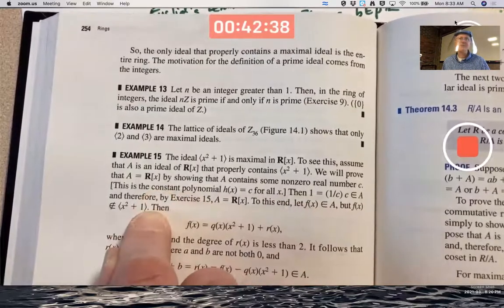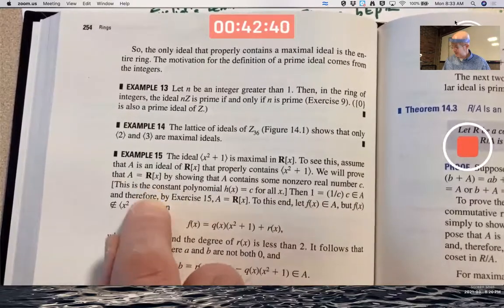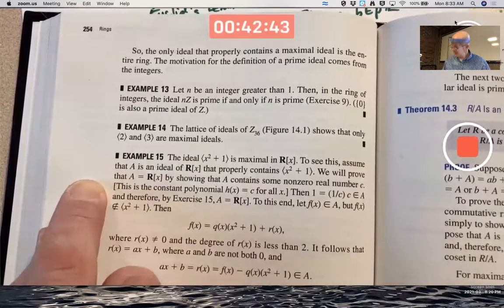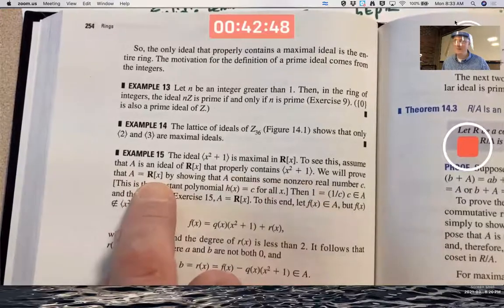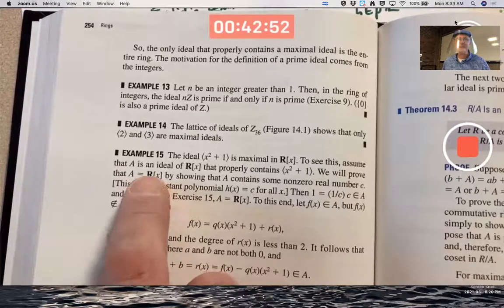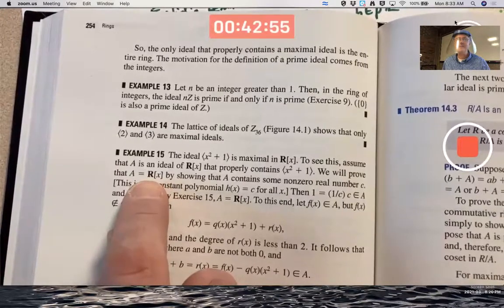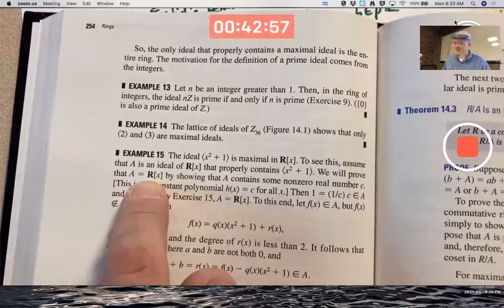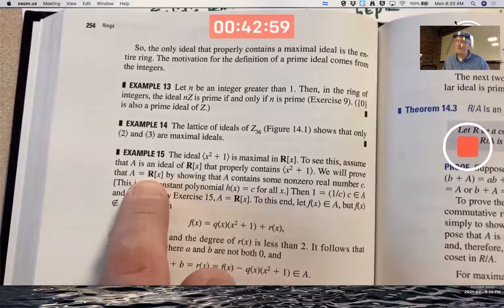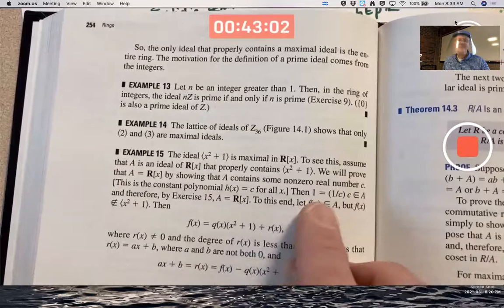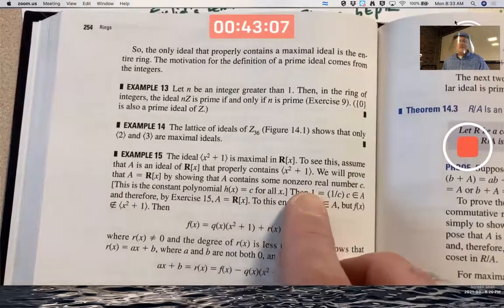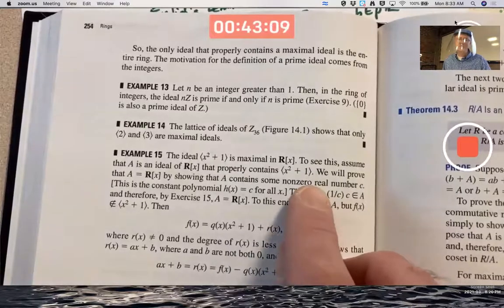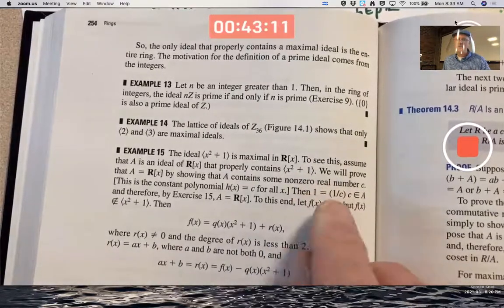In this type of problem, in trying to show a certain ideal is maximal, you show the other ideal you assume properly contains it is actually the entire ring. The most common strategy is to prove that the unity is actually in this. The details of how that's done can be tricky or hard or impossible if it's not a maximal ideal. And they actually do this by proving that it's got some non-zero real number, first of all, and that would imply that 1 is in there.